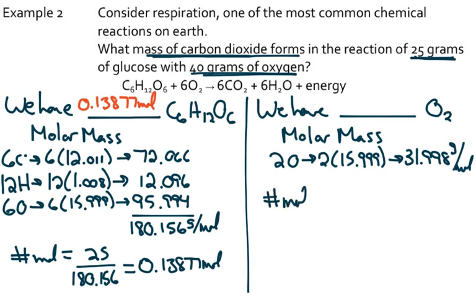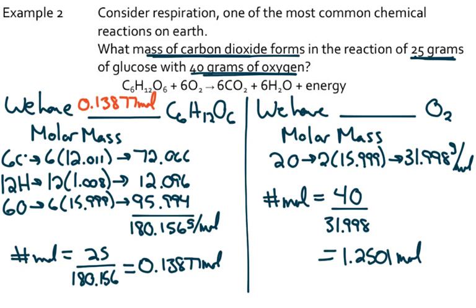The number of moles of oxygen, mass 40 grams divided by molar mass 31.998, gives us 1.2501 moles of oxygen.